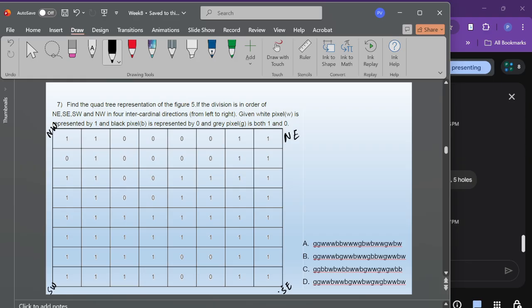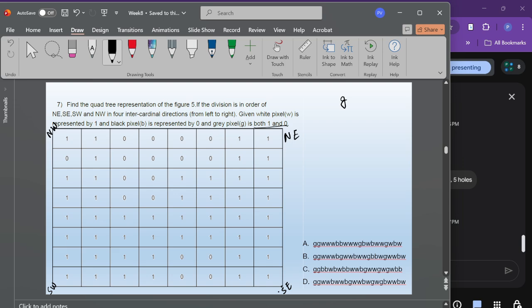Okay, so now first we will consider the whole figure, that whole matrix. It is a combination of both 0 and 1, right? So if it is a combination of both 1 and 0, it is represented by Z. And we also need to arrange the order of the children as NE, SE, SW, and NW. So we can say that it is level 0.